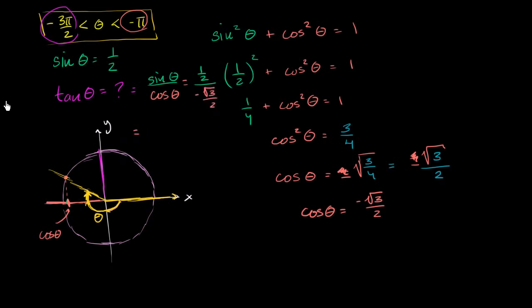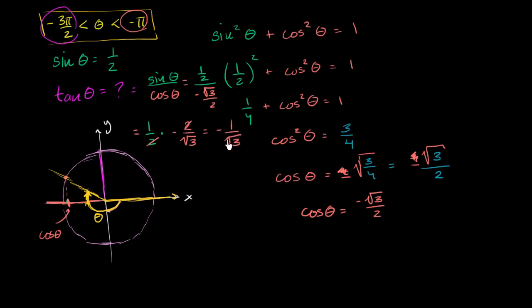And what does that equal? Well, that's the same thing as 1/2 times the reciprocal of this, so times negative 2 over the square root of 3. These 2's will cancel out, and we are left with negative 1 over the square root of 3.